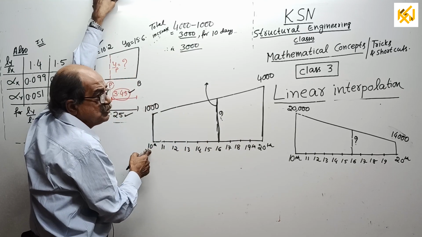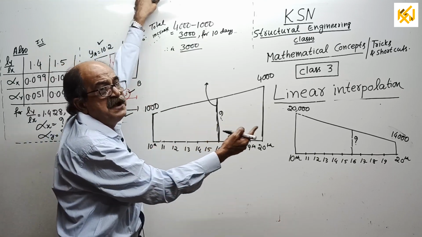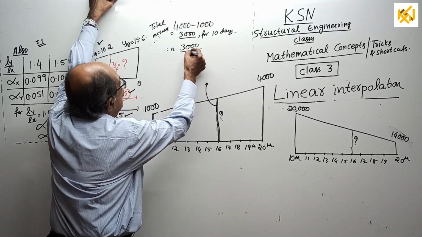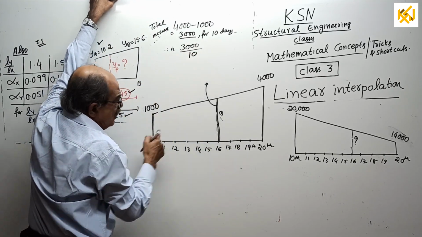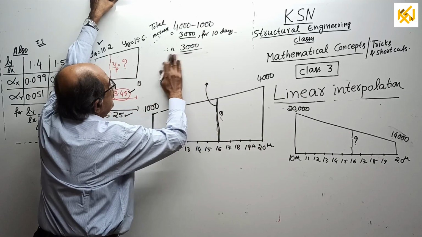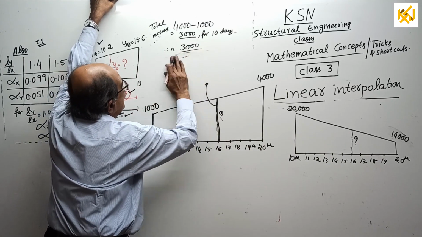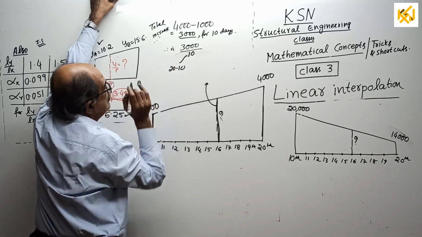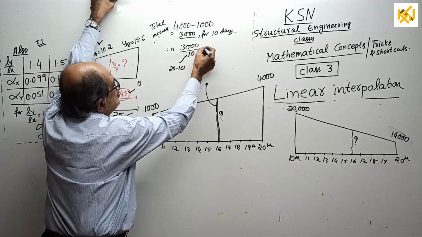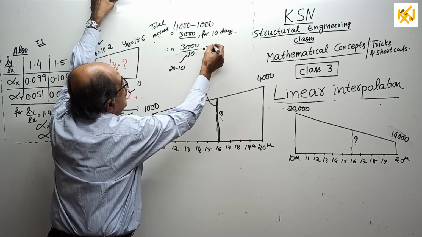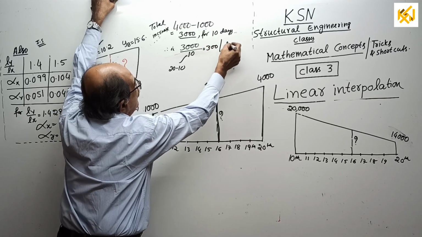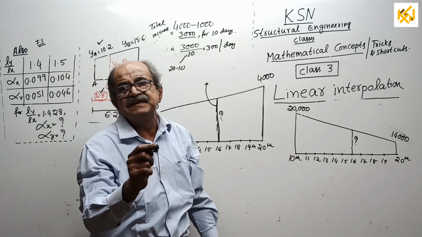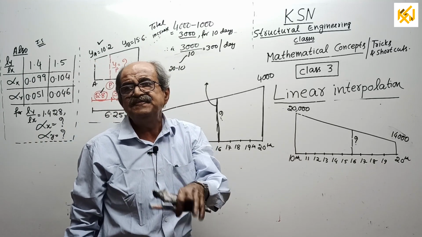It is 20 divided by 10. I will write here, that 10 is 20th minus 10th. This equals 300 per day. Correct? 3,000 is the increase for 10 days, which means the increase per day is 300.